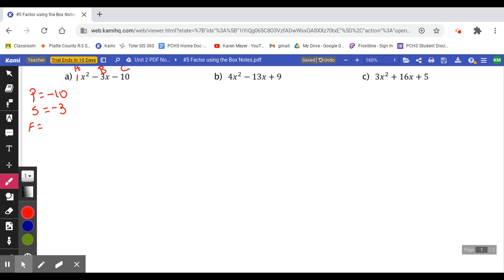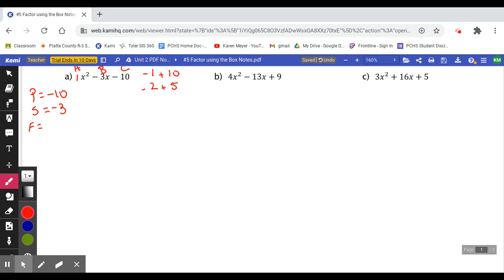So I would start by making a list. What are all the numbers that go into 10? So 1 and 10, 2 and 5. Now, if your product is a negative 10, that means one of the numbers is negative and one of the numbers is positive.